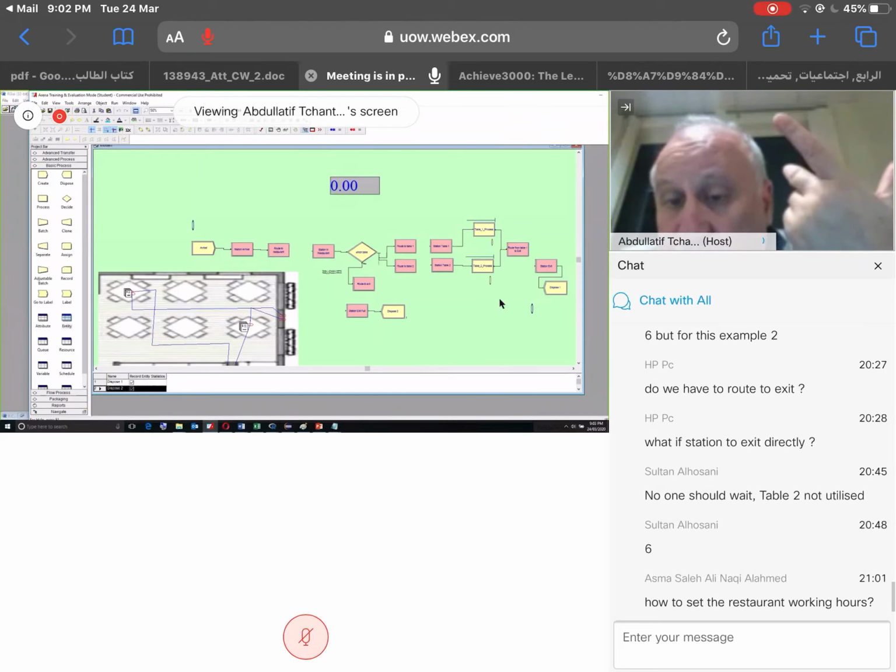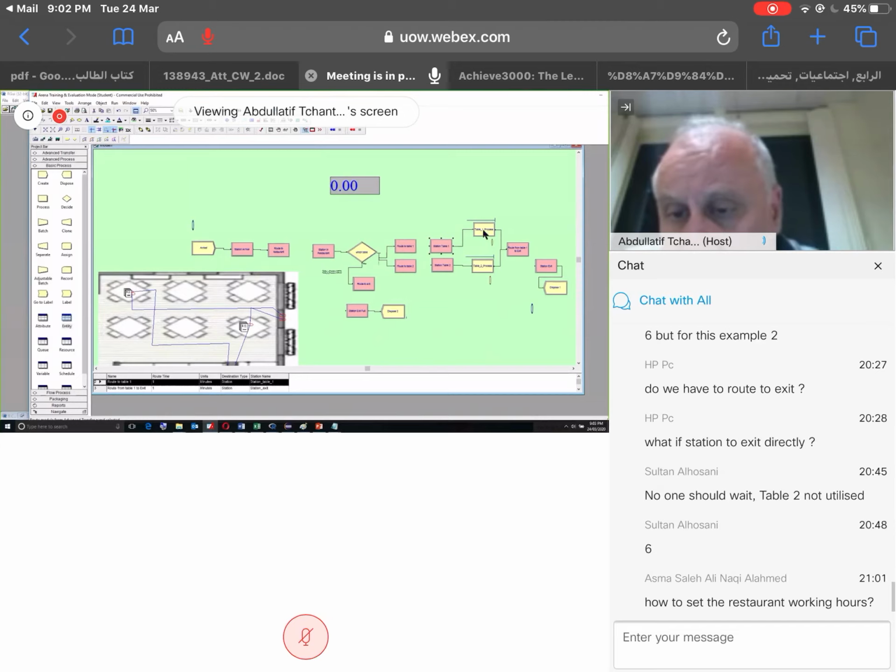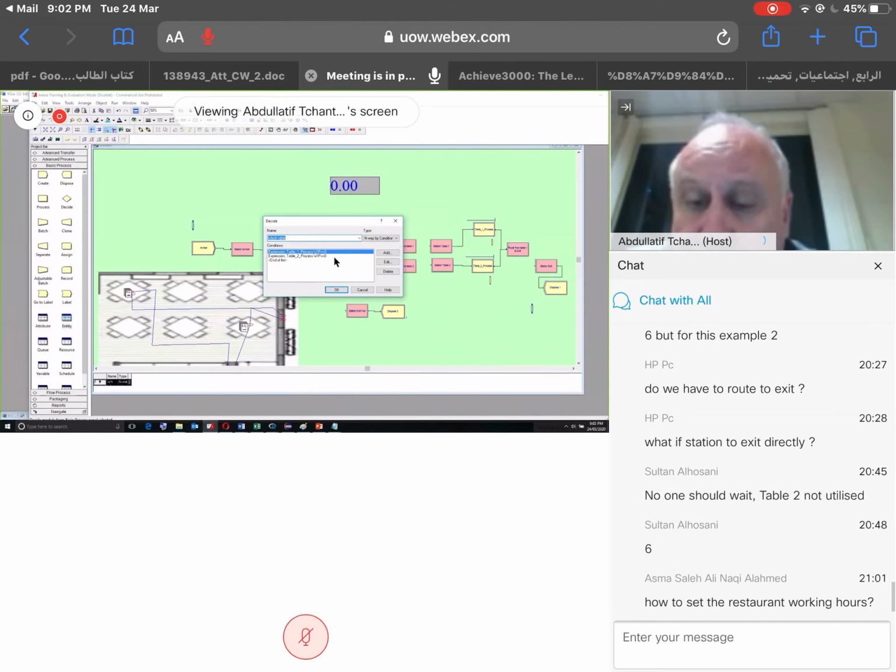Now, if you want to add a new table, it's very easy. It takes you 1 minute to add another table. Only what you did, 1, 2, 3. And you come here and you change and you say, let me copy it.